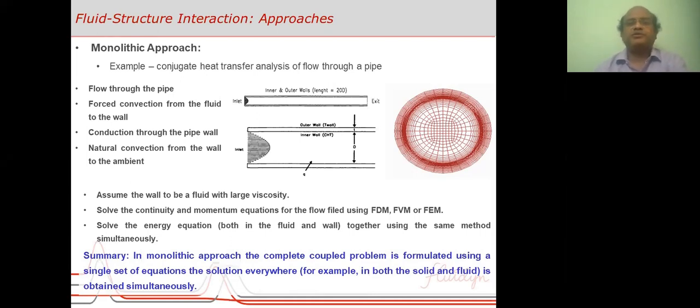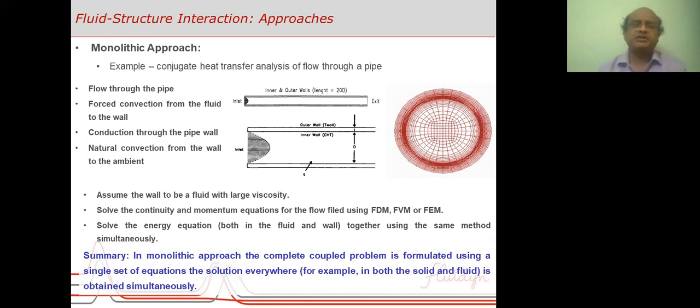In monolithic approach, you can use finite volume method to solve the Navier-Stokes equation. And in the solid, all you have to do is suppress the fluid flow by setting, again, porosity equal to 0, but solve only the heat conduction part of the energy equation. So in monolithic approach, the complete coupled problem is formulated using a single set of equations.